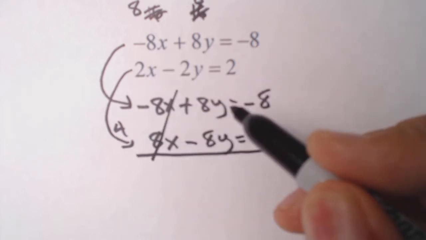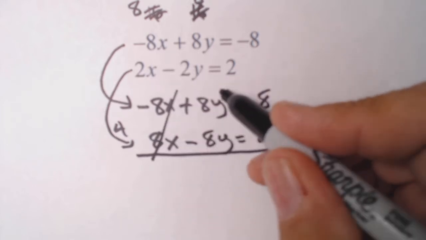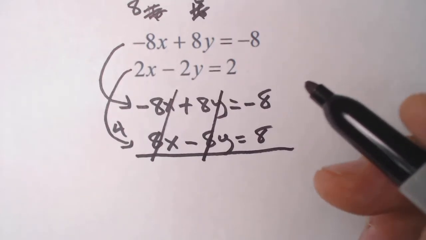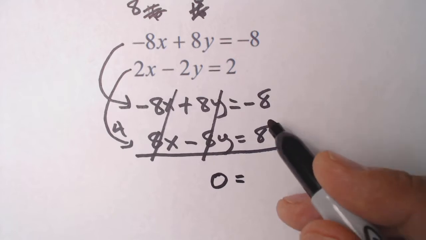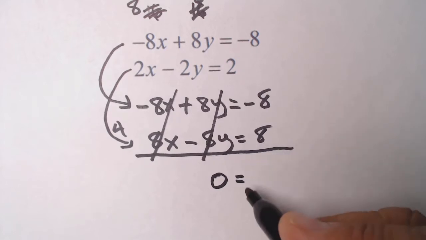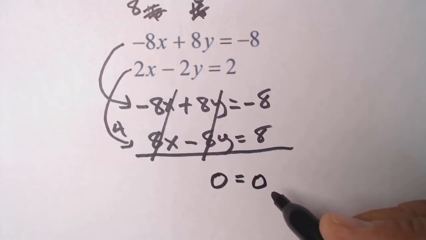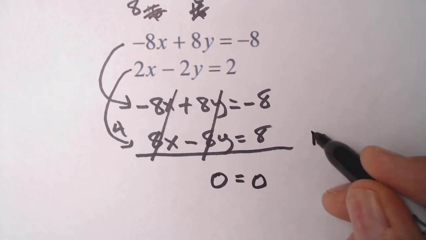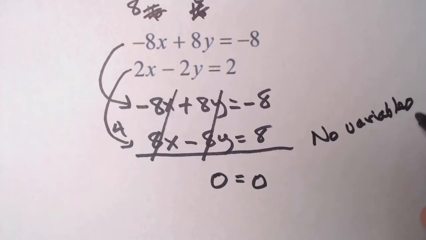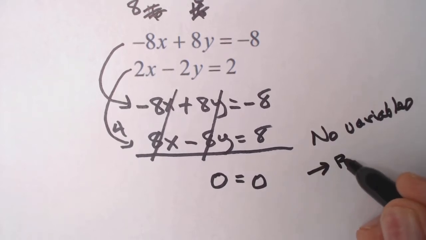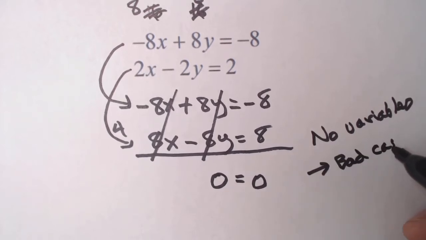They sure did. But look at the other problem. The y's also eliminated. So what am I left with on the left side? Just 0. Look at the right side. Negative 8, positive 8, that's 0 also. So once again, you have no variables. Okay, they all disappear. That means you got one of the bad cases.